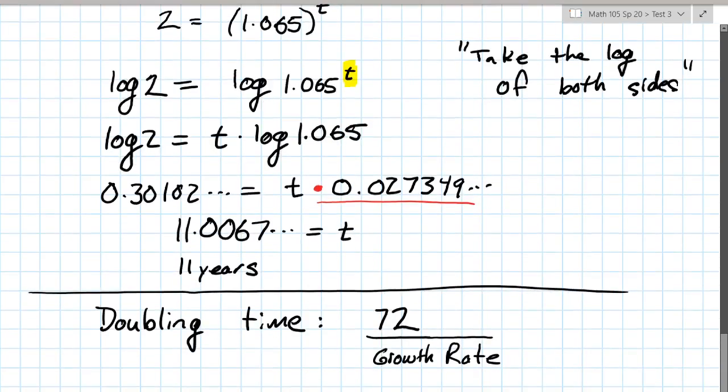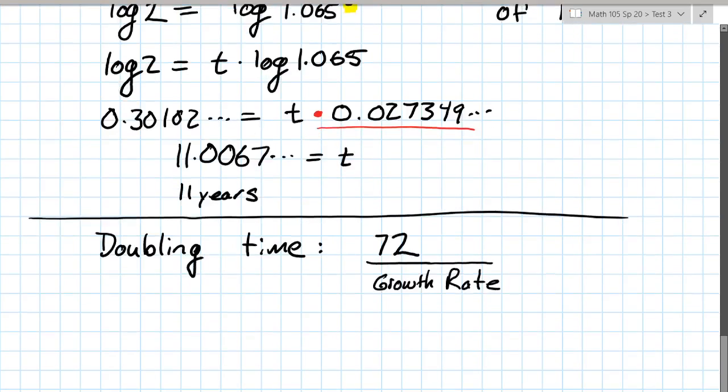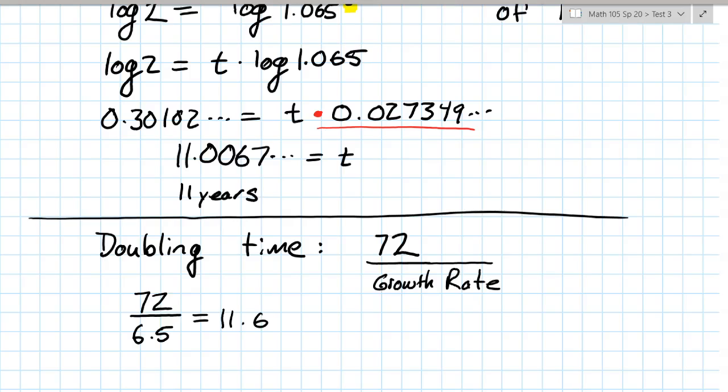So what we can do to get an estimate, and this will be close enough for what we want to do, is take 72 and divide it by 6.5. Notice this is 6.5, not 0.065. And when we do that, we get 11.6, which for our purposes is close enough.